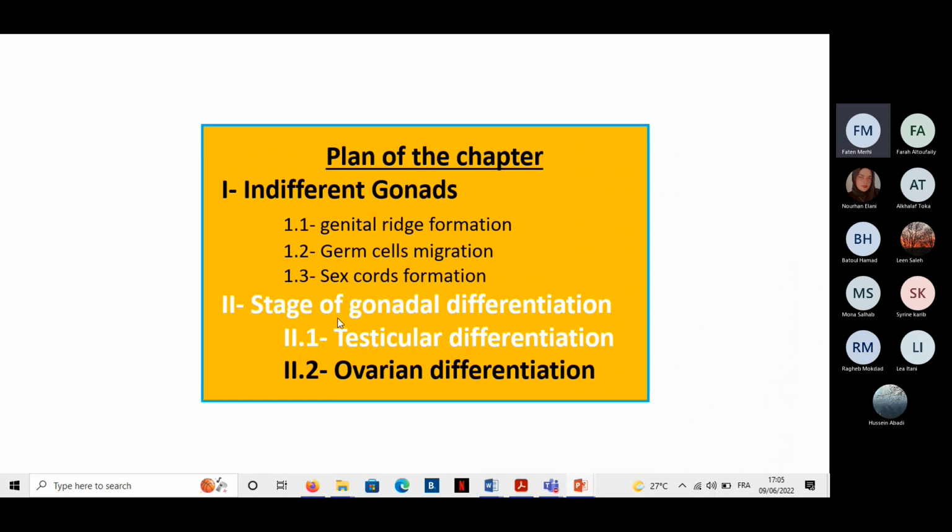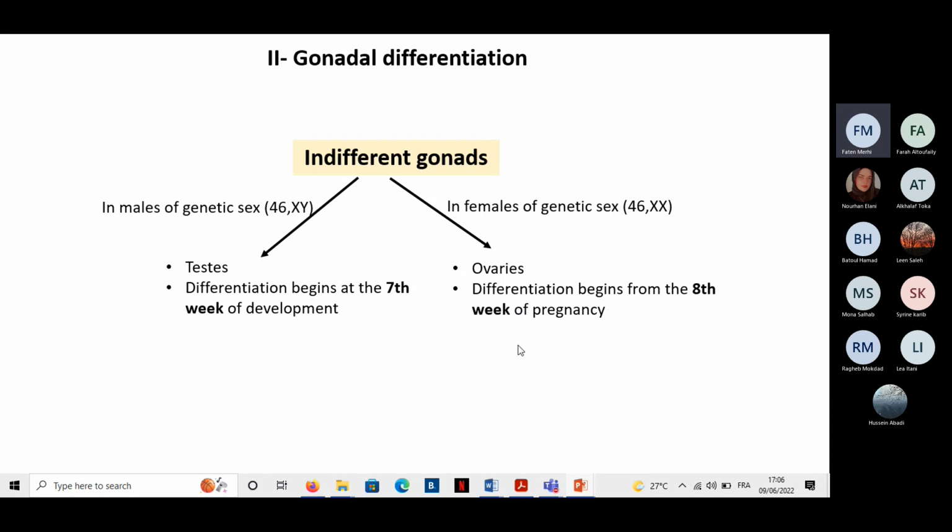Now we will move to talk about the differentiation stages. Here we have the gonads that will start to differentiate into either testicles or ovaries. We'll start by talking about the testicular differentiation. During the gonadal differentiation, as we have said, first of all, we have indifferent gonads.